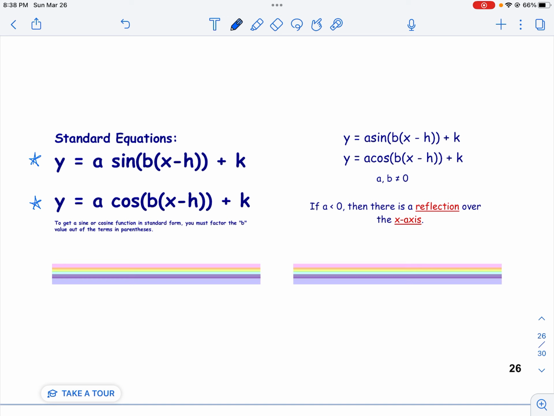Remember that with any transformation, when we talk about A, we talk about some sort of vertical stretch. In this case, it's called the amplitude, or the height of the curve. It's the height from the axis, and it's going to represent a vertical stretch or shrink, just like it does with any other function.